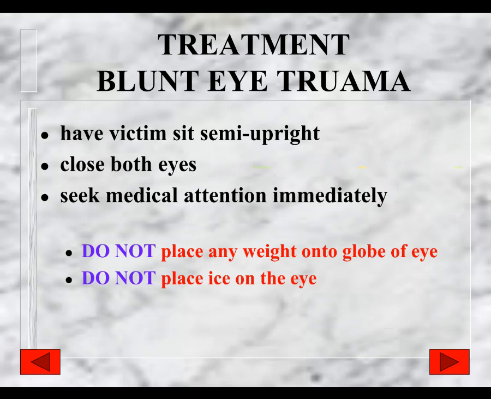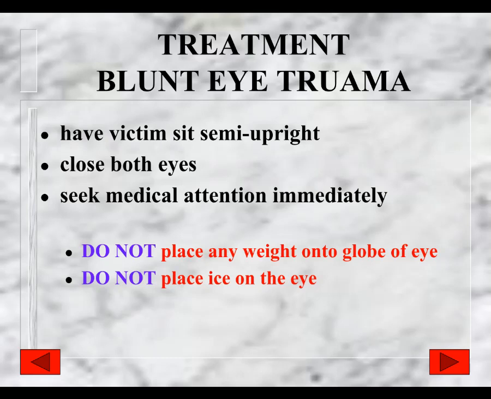We want to have the victim lean back. We don't want them to sit straight up or lean forward because it causes more pressure and increases bleeding. We want them to close both eyes because it's really hard to leave one eye open, and when you blink, you still have some movement of the other eye. We want them to try not to move the eye any more than possible.